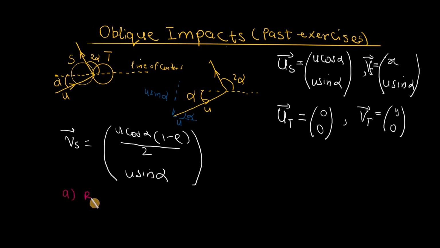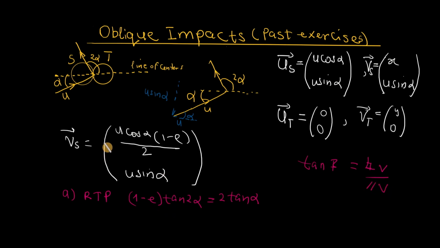I was required to show that 1 minus e tan 2 alpha is equal to 2 tan alpha. Recall that if beta is an angle that a sphere makes with a line of center after collision or after impact, then by formula tan beta is equal to the perpendicular component of the velocity all over the parallel component of the velocity after impact.